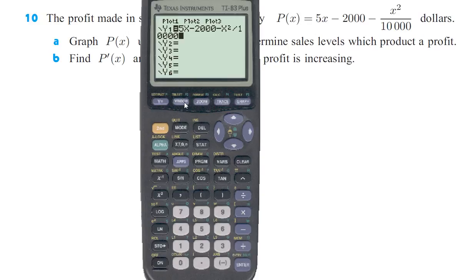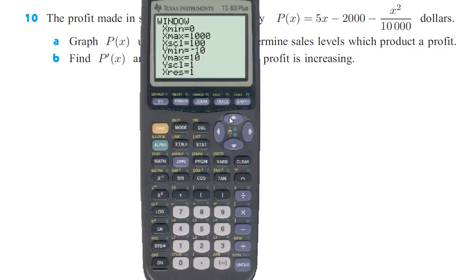Okay, so again, the big key here is going to be our window. x is talking about the number of items that we're producing, so we obviously cannot produce negative items, so we'll do 0. Not really sure how many we're going to produce. I'm just going to guess and go with 1,000. Okay, so we'll make our scale by 100.